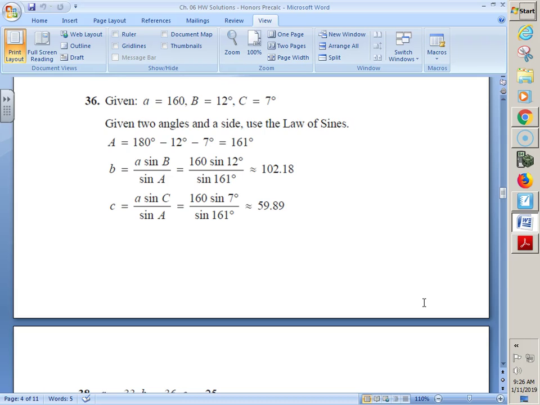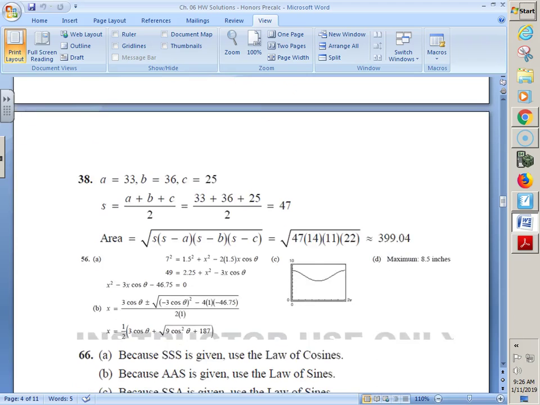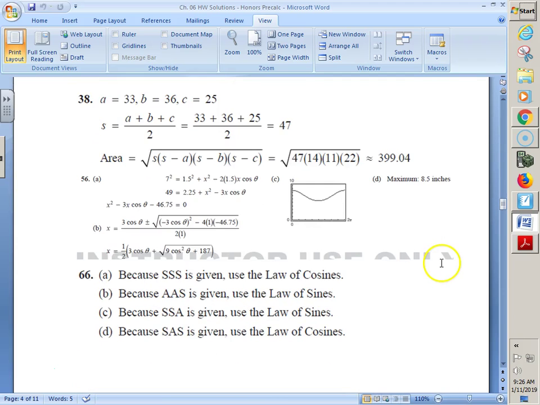You guys got it? 38. Oh, it's Heron's formula. Plug and chug. Lots of stuff. And hopefully you guys got 399.03 something, 04 something. No? Double check your semi-perimeters. 47. 47 minus 33, 47 minus 36, 47 minus 25, and double check you put it in your calculator right.